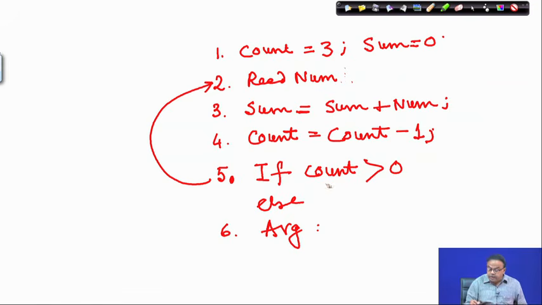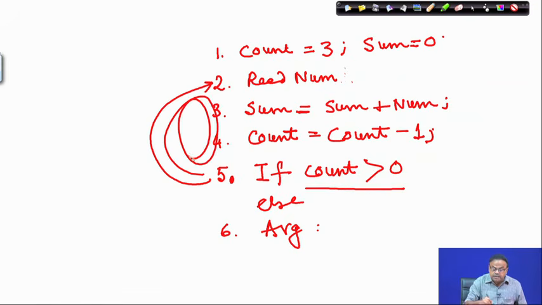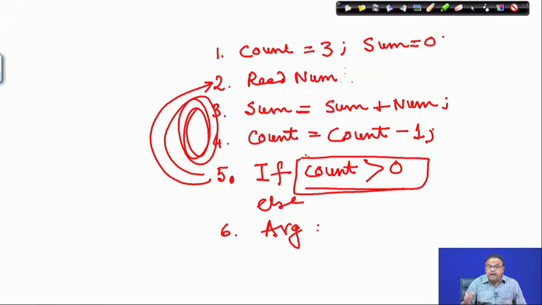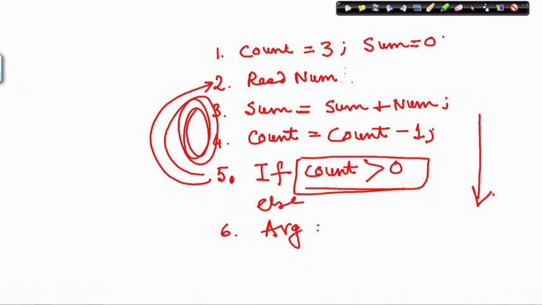So, as long as count is greater than 0, I am continuously doing these steps, right. So, here at this point you check that I am looking at the value of count, and depending on the value of count I am deciding whether I will be going in this direction or I will go back and change the direction of the flow.